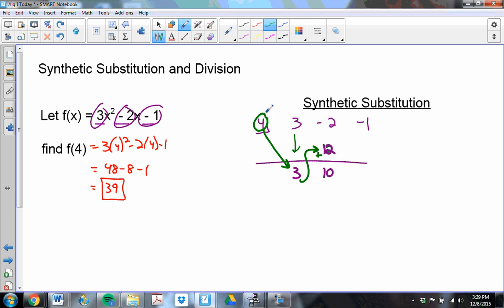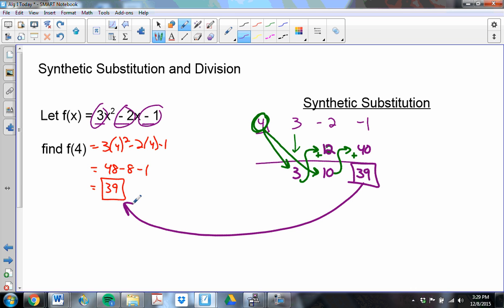So I'll again do 4 times 10, and that's going to go up here to become 40. I add one more time, negative 1 plus 40, and that's 39. And the number that it spits out at the end is how it evaluates. This means that f of 4 is 39.